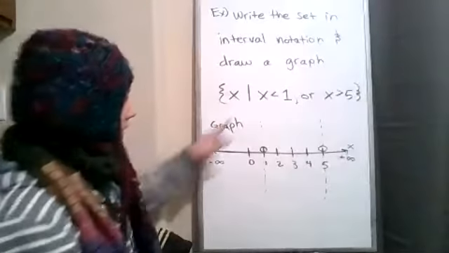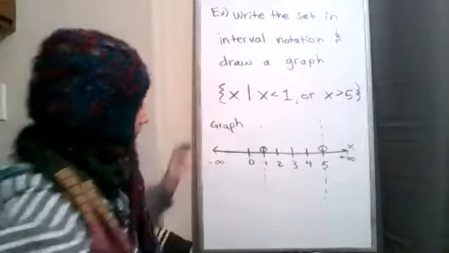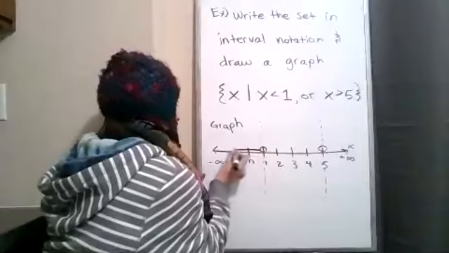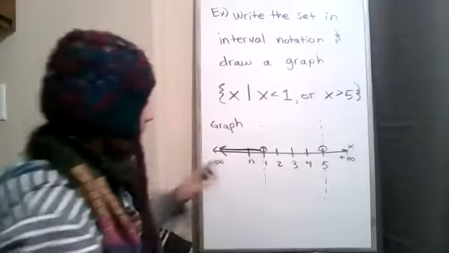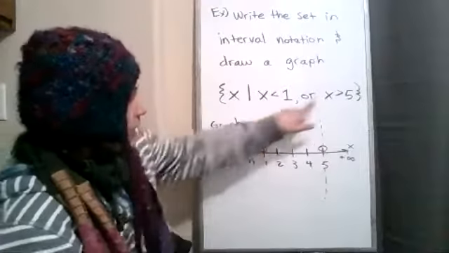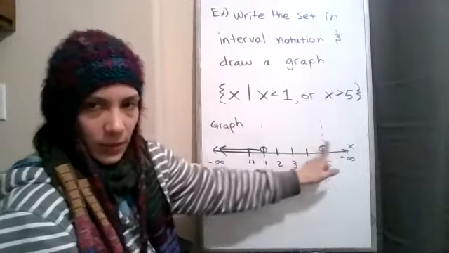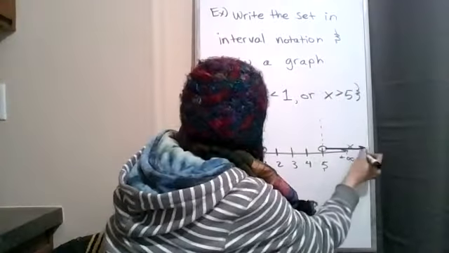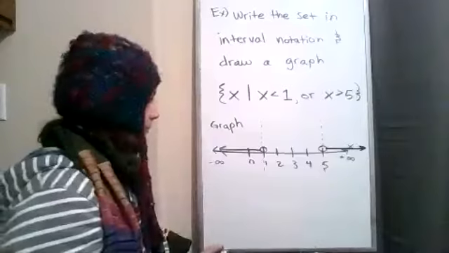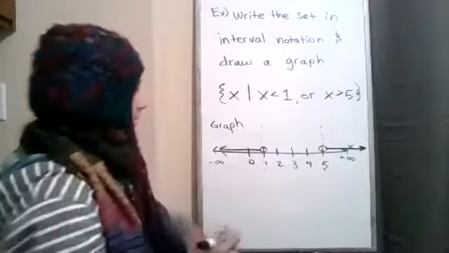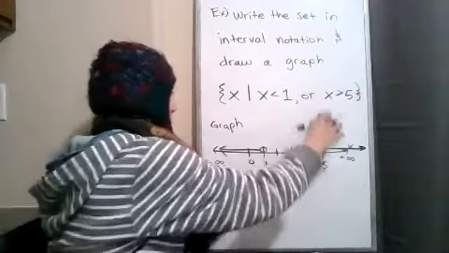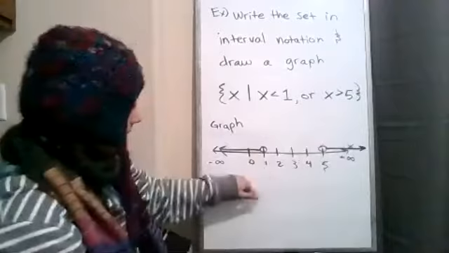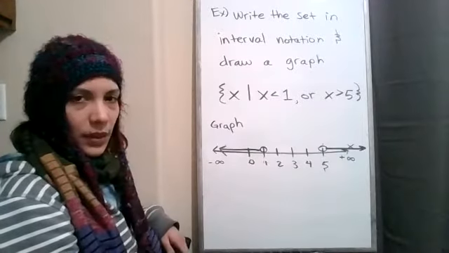All right, so x is less than 1 here. x greater than 5 is right there. Let's write the set in interval notation.